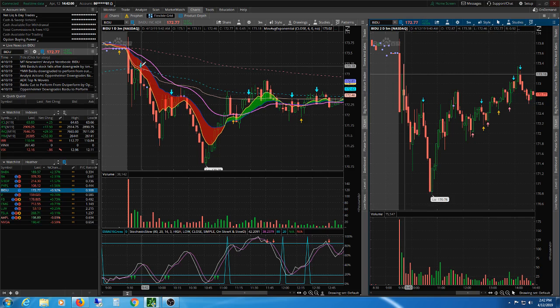The Ichimoku cloud seems to work better for trending days, and not for any type of flat day without a lot of price action.